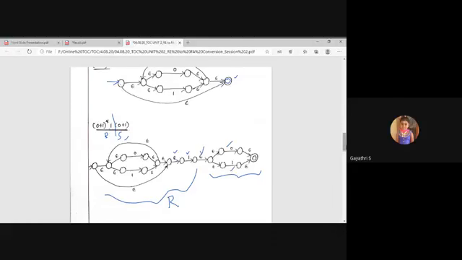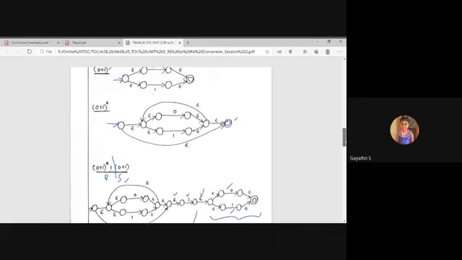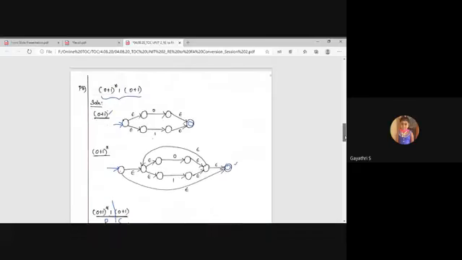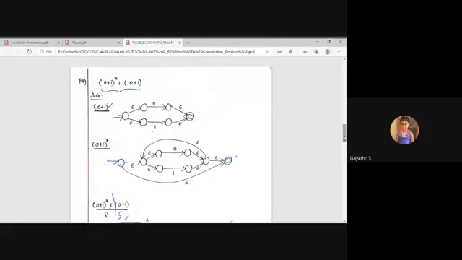I will give you one minute to verify the content again. Check out the cases. This problem is also taken from the textbook: 0 plus 1 closure 1, 0 plus 1. First I will take 0 plus 1. How to write 0 plus 1?